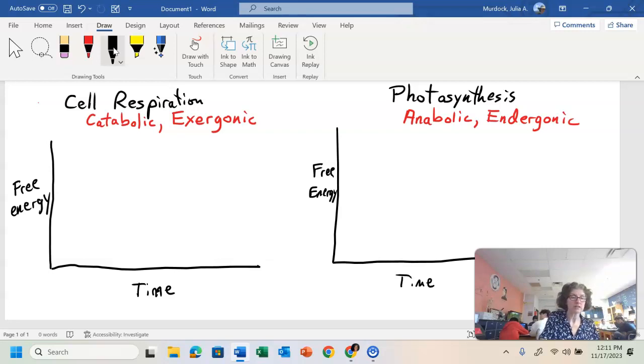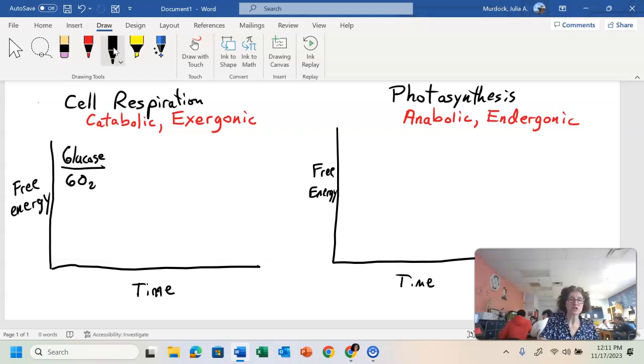So what you do when you start drawing a free energy graph is you start with where on the y-axis the reactants would be in terms of how much potential energy is stored in them. It's pretty high for respiration because glucose, which is one of the reactants, and those 6 oxygen atoms store lots of potential energy in their carbon-to-carbon bonds and carbon-to-hydrogen bonds, right? So the potential energy is about there.